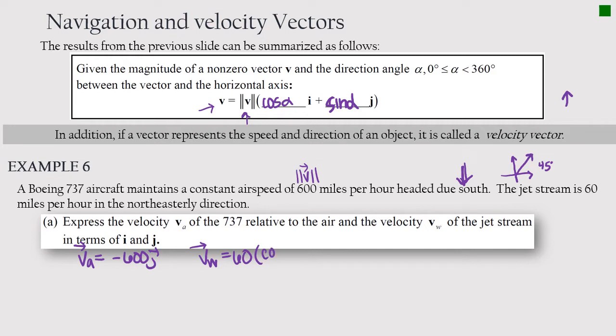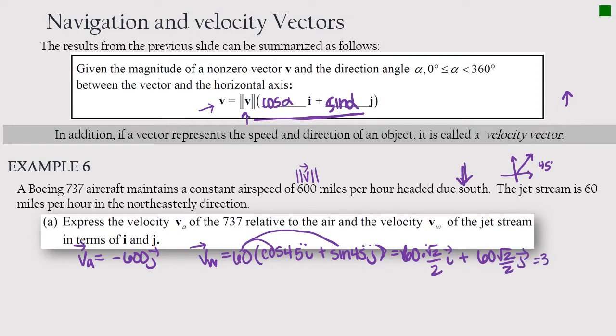So that's going to be the same thing as the cosine of 45 degrees i plus the sine of 45 degrees j, which ends up giving me 60 times the cosine of 45, which is root 2 over 2, i plus 60 times the sine of 45, which again is root 2 over 2, j.